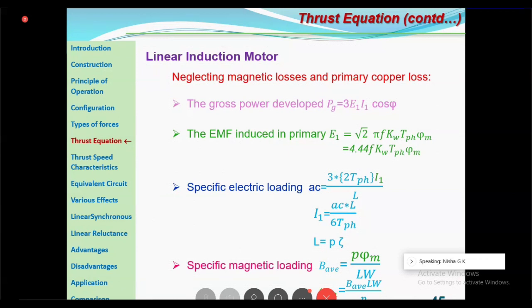If rho is the resistivity, mu the permeability, d the thickness of the secondary, Lg the air gap length, Vs the linear velocity and the frequency is 2 pi f, then the goodness factor, which is mainly associated with non-conventional machines, is equal to mu 0 by rho into d by Lg into Vs square divided by omega, that is 2 pi f.